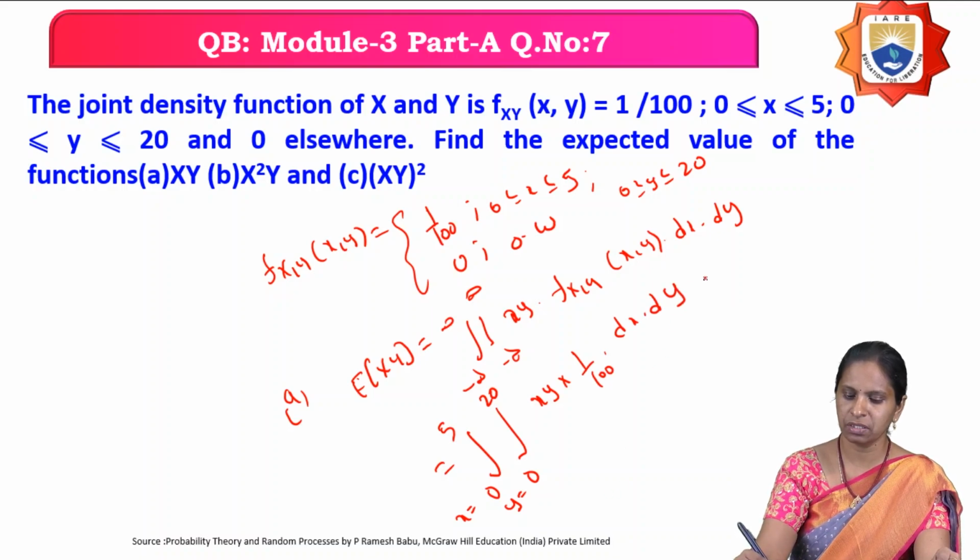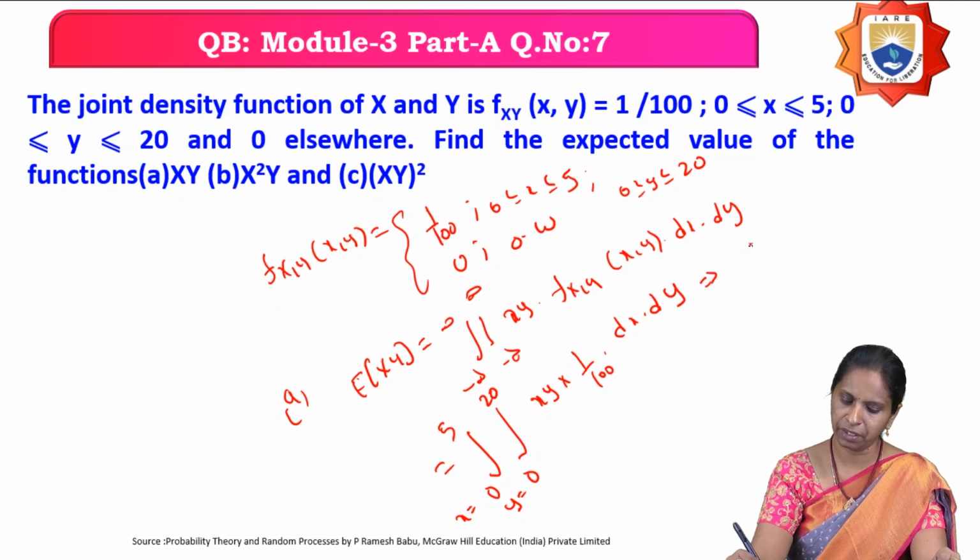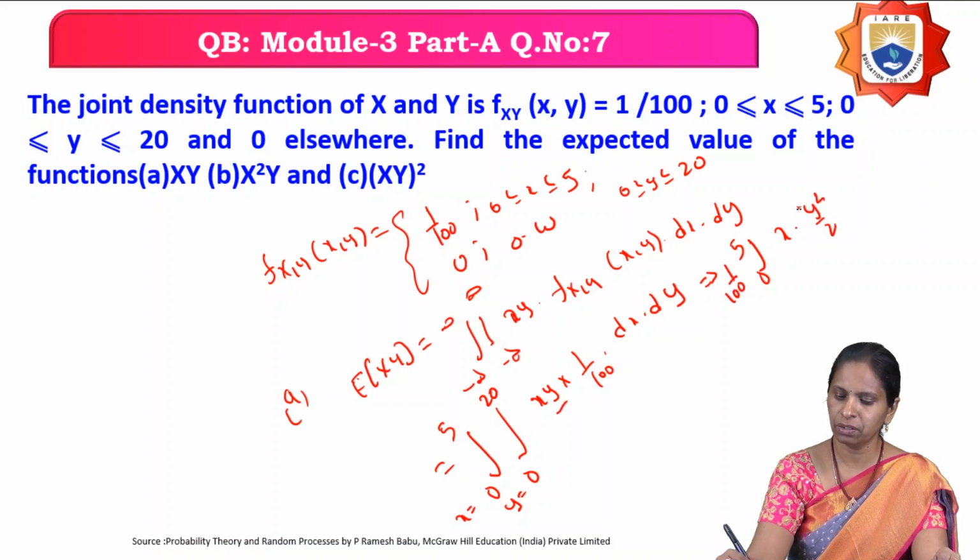So if you simplify this, then we get E of XY. Integration 0 to 5 of x, and 1 by 100 is constant, bring it outside. Integration of y is nothing but y square by 2, the limits are from 0 to 20, into dx.